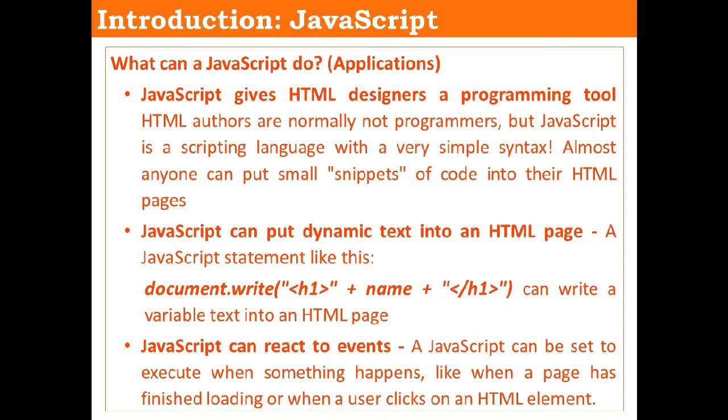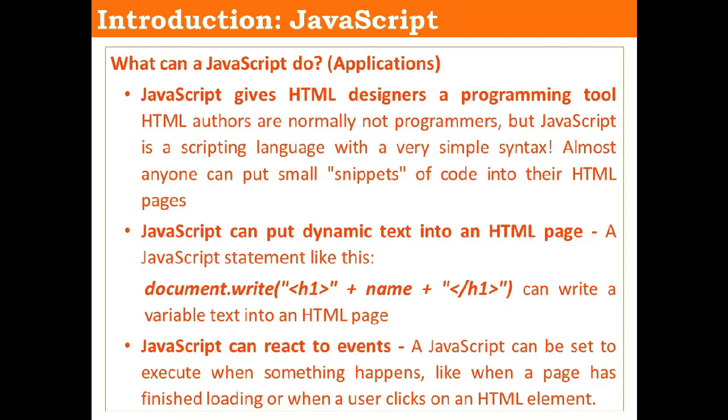So JavaScript can put dynamic text into the HTML page. If we want to alter, modify or update any content dynamically, we can do it with JavaScript. JavaScript can react to events.